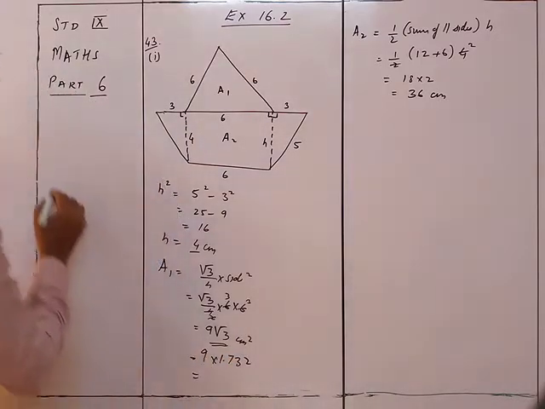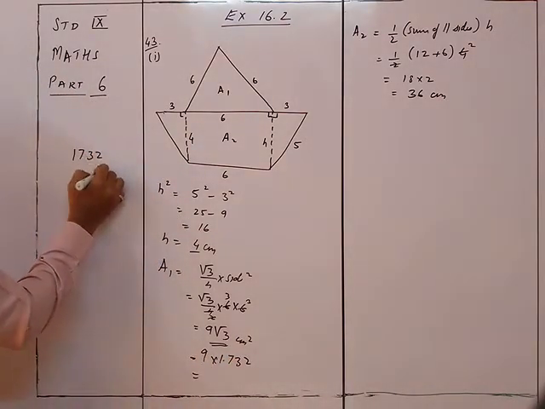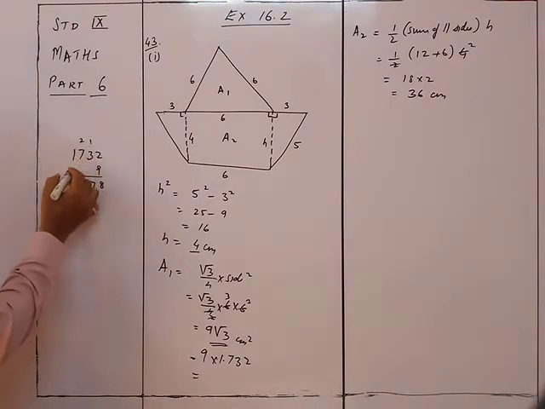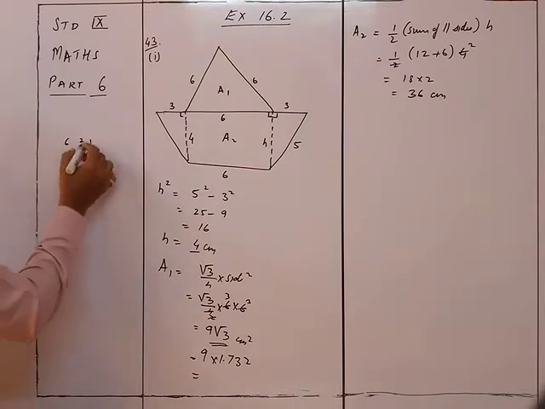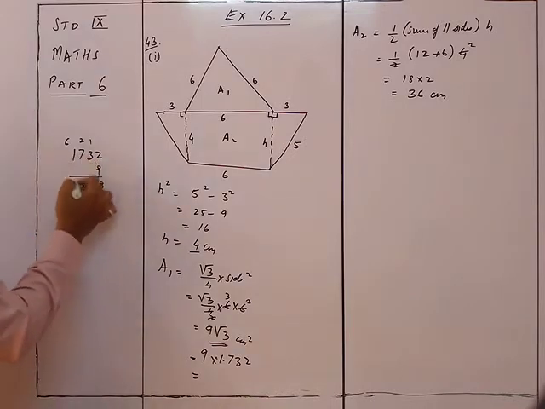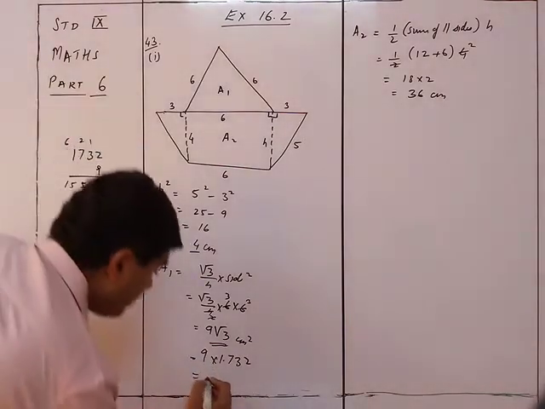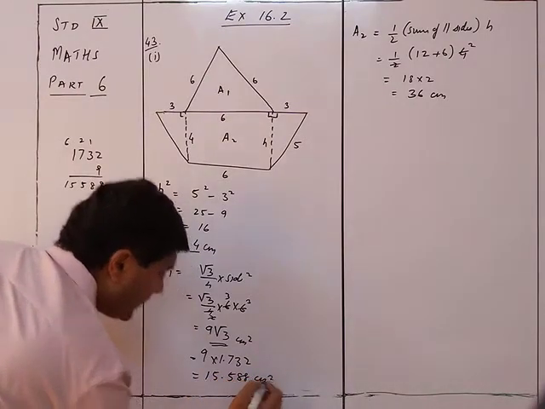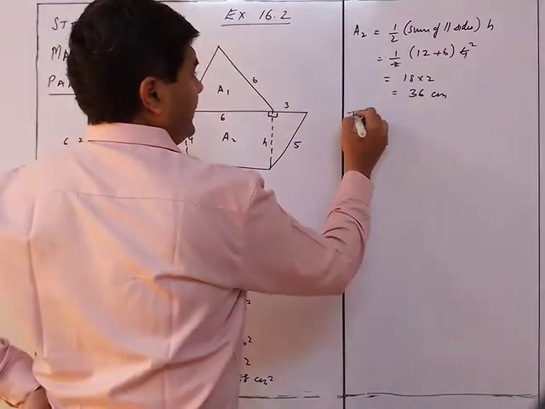So that will be 1732 into 9. 9 2s are 18, 9 3s are 27, 28, and 9 7s are 63, 65. 9 1s are 9 and then 15. So it is going to be 15.588 centimeter square.